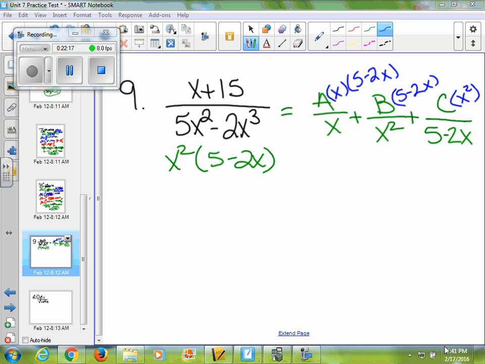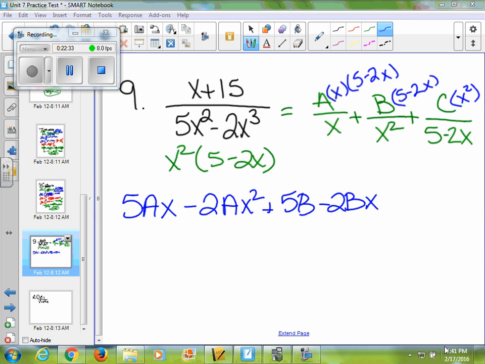So in doing all of that, I get 5ax minus 2ax squared plus 5b minus 2bx plus cx squared. And you set that equal to your numerator, which is x plus 15.